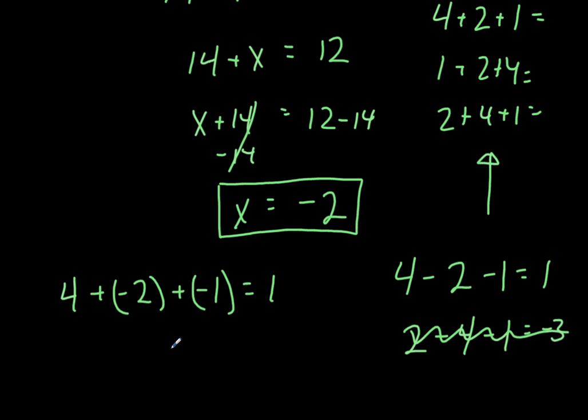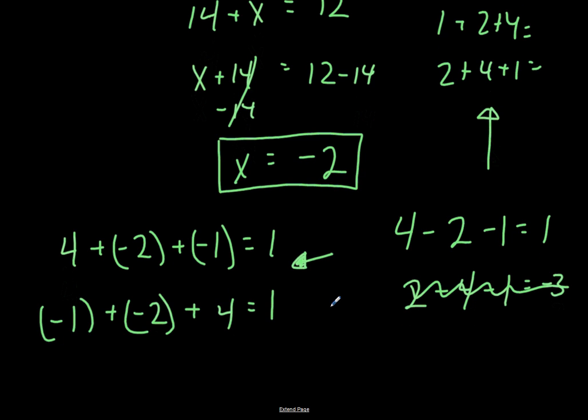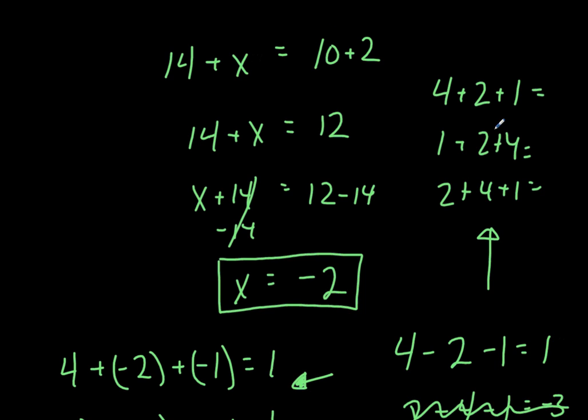What if we had negative 1 plus negative 2 plus 4? What happens now? So we found a way that the order of operations doesn't matter. I think this is almost a better way to do it, but it's not really the way it's generally taught. It's kind of confusing sometimes if you don't quite understand it, but anyway, back to the original point.